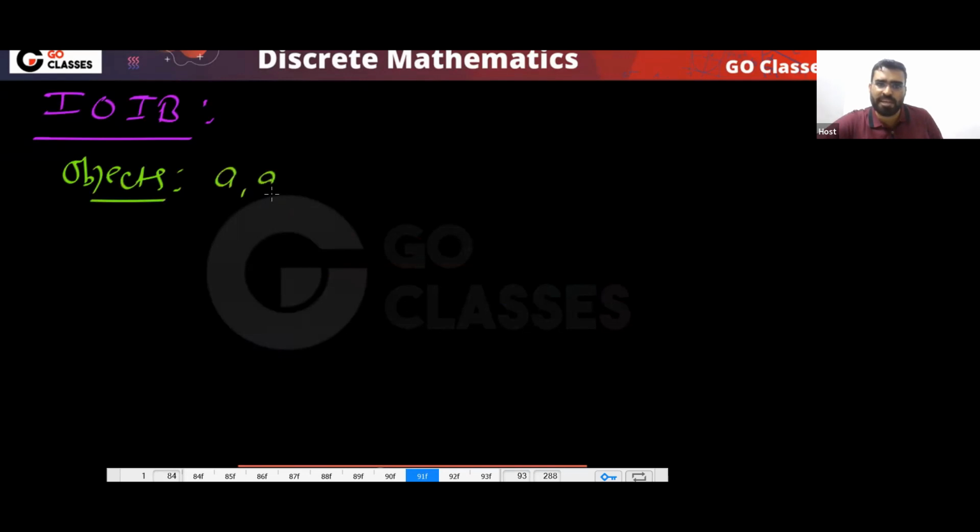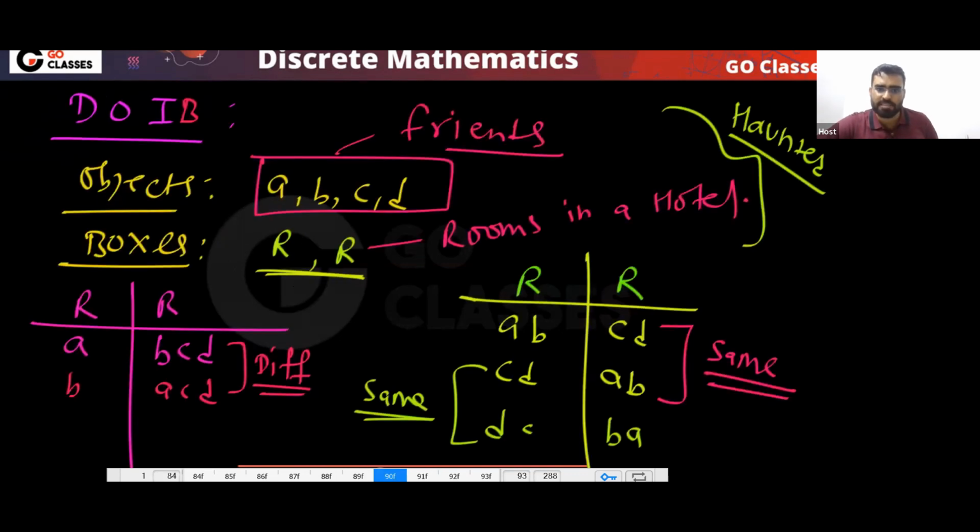So let's see the next one, IOIB. What is that? IOIB. This is identical objects, identical boxes. Everything is same. Your objects are A, A, A, A, and your boxes are R, R, like this.